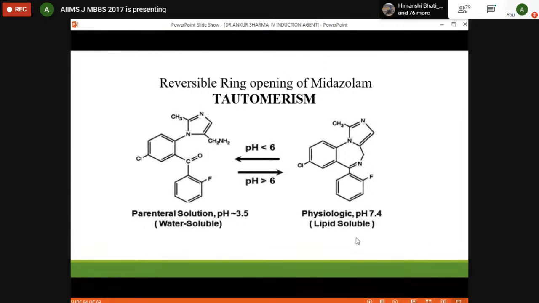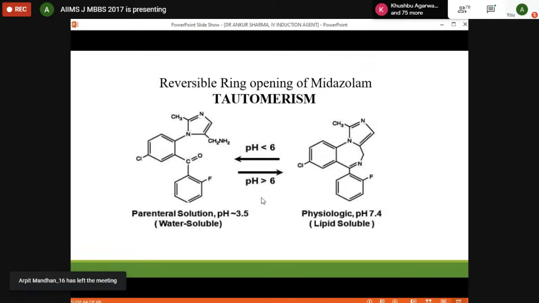There is a term called tautomerism. As you can see in this diagram, if the pH is less than 6, it can convert into water soluble. In the ampule which contains midazolam, it is water soluble.